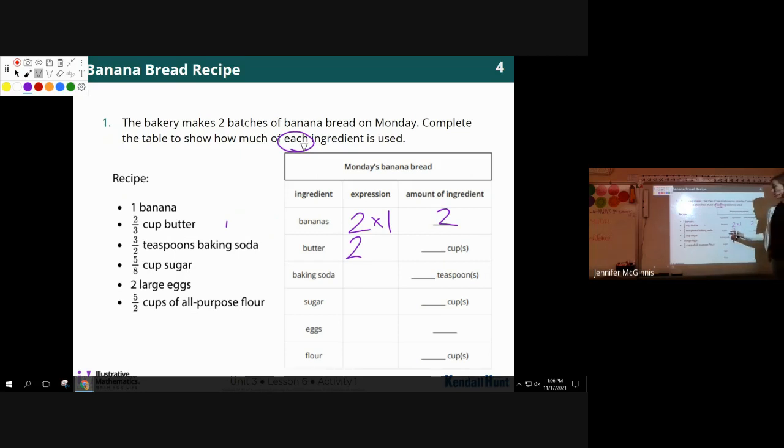Multiplication. So 2 batches. How much butter for each batch? Look at your ingredients list. Olivia? 2/3. So if we have 2/3 for 2 batches, how many thirds are we going to have all together? 4/3.